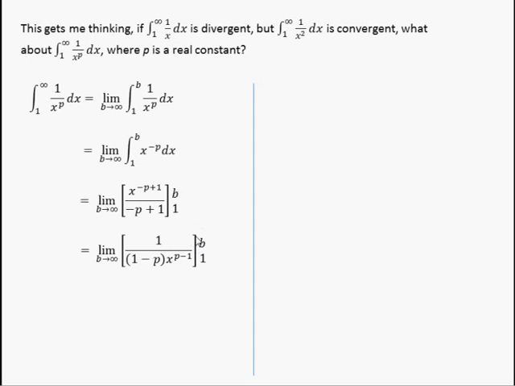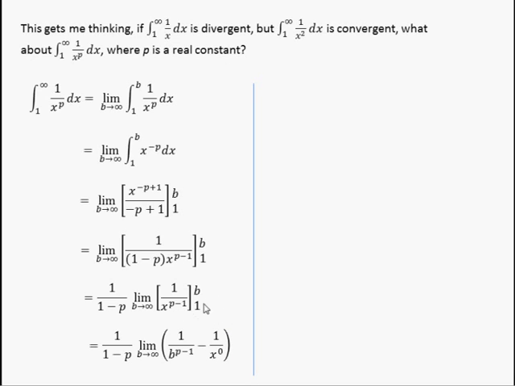Okay, now we can substitute in our b values. First of all, we'll take out this constant, because 1 minus p is just a constant, because p is a real constant. So I'll take that outside. Now we can substitute in our b values and our 1 value.